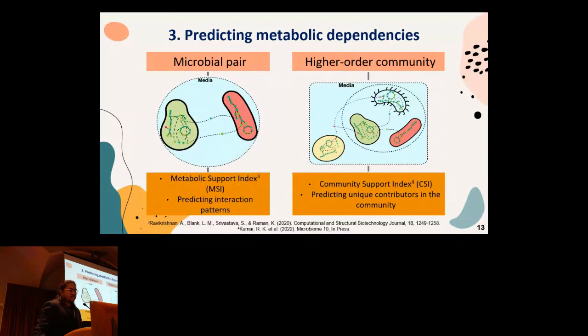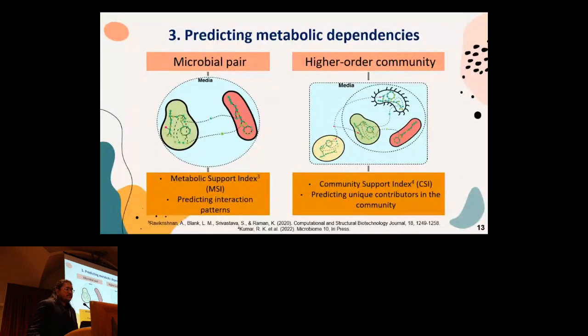We quantify these metabolic dependencies using two different scores called metabolic support index and community support index. These scores tell us about the increase in the metabolic capability of a microbe while in a community versus while present individually. Metabolic support index is for microbial pairs, and community support index is for higher order communities.